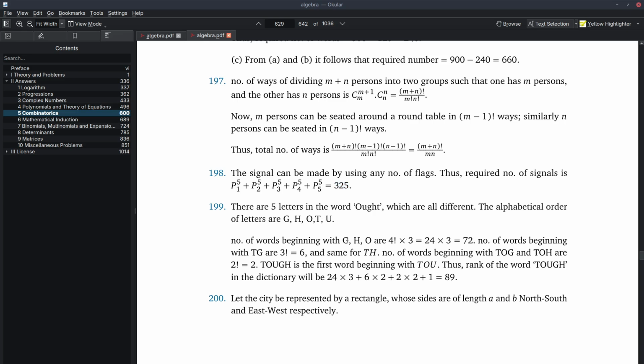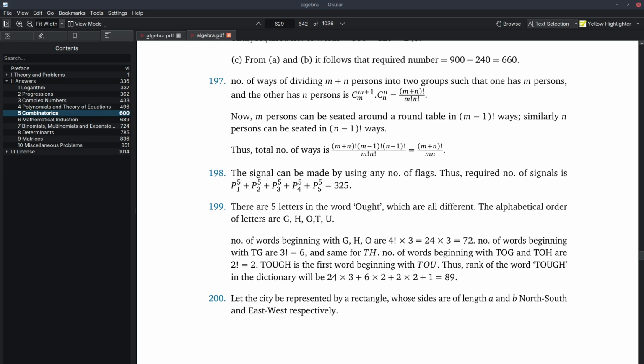Now the number of words beginning with G, H, O is 4 factorial multiplied by 3. So how did we arrive at this number, 4 factorial by 3? That is the question. If you look at this, you select G, H, O as fixed.